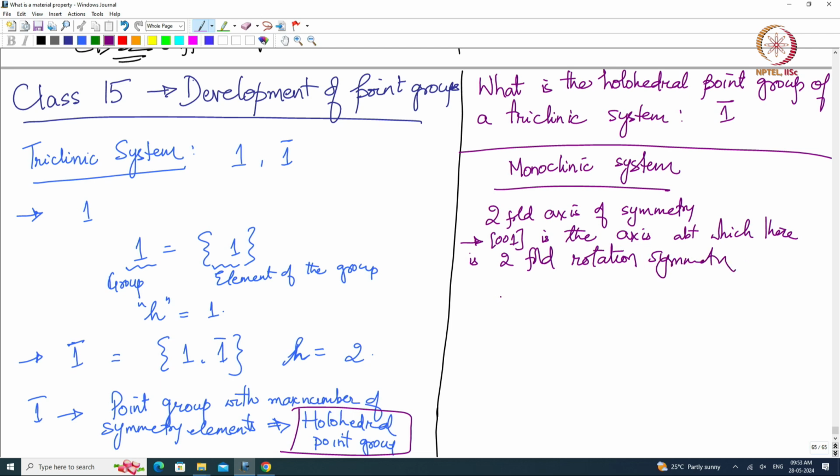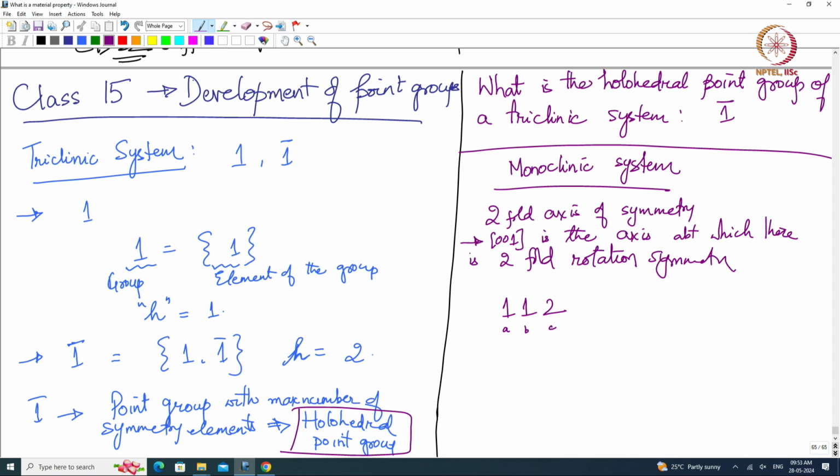I am going to describe this point group, where I only have one twofold axis of symmetry, as let us say 1 1 2. This is the A axis, this is the B axis, this is the C axis. The only operation about the A axis is a one-fold operation, the only operation about the B axis is a one-fold operation, and the operation about the C axis can be one-fold or twofold, right.